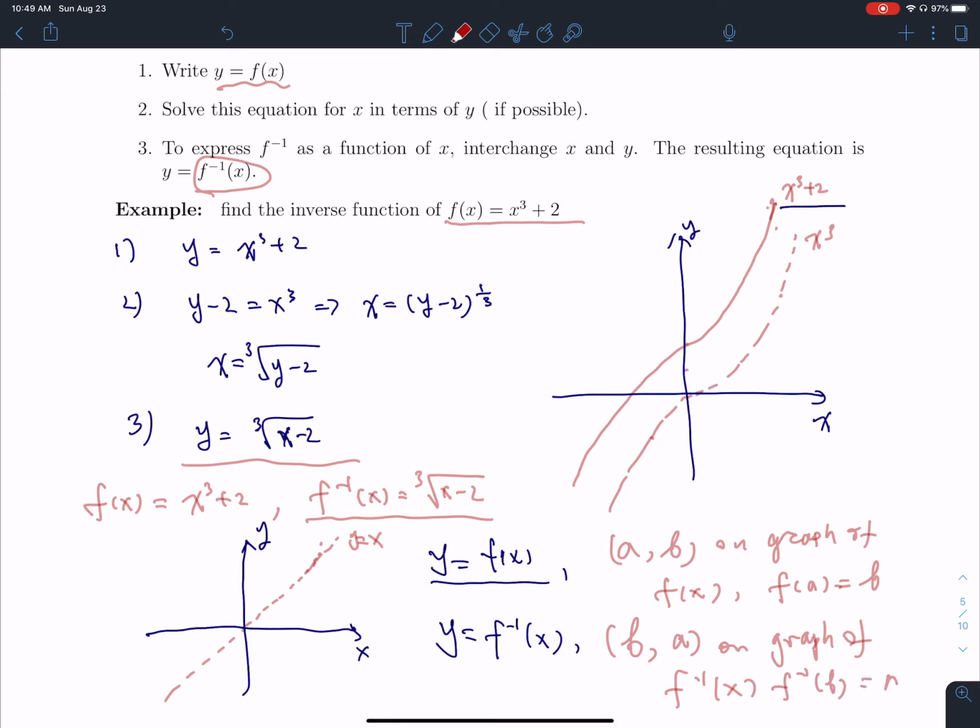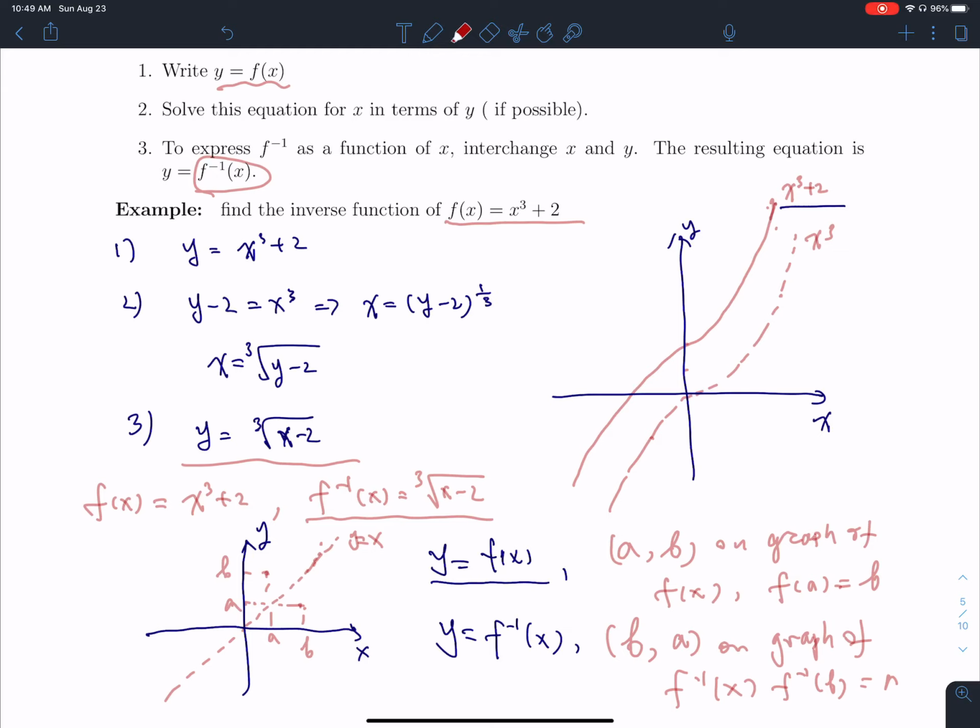Okay, so now what? So if we have a point (a, b) here, then this point will be on the graph of f of x. And similarly, if you look at the other point, well, the point (b, a) will be on the graph of f inverse.